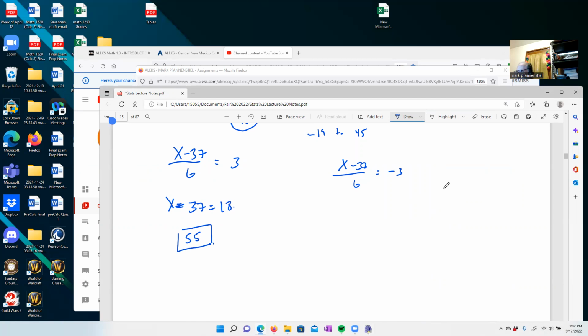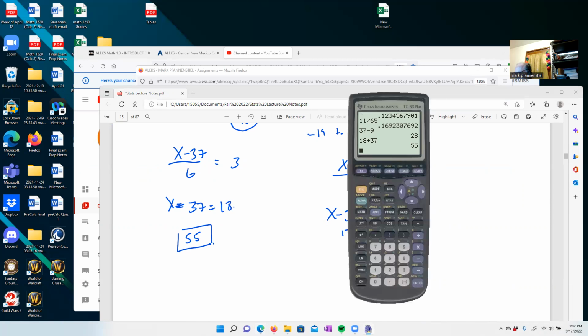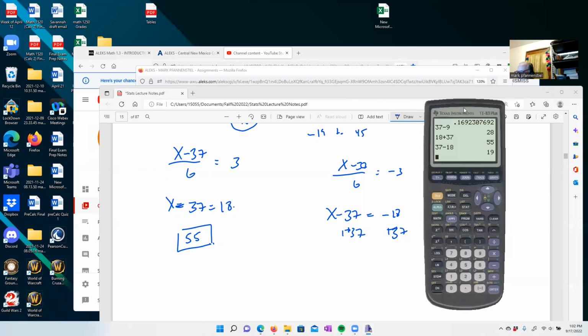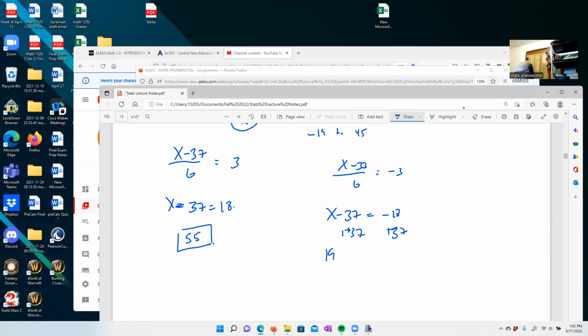Okay, and then here we have x minus 37 equals -18. Add 37 to both sides. So I want 37 minus 18. Again, we're going to double check 37 minus 18. All right, we got 19. So we have 19 to 55.